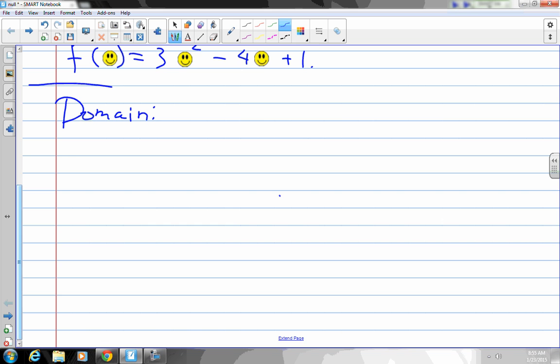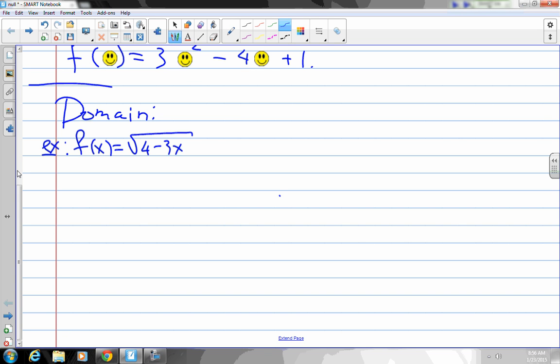If I ask you to find the domain of the function, for example, f of x equals square root of 4 minus 3x, basically I'm asking you to find the set of all real numbers for which the values of the function are real. So that means no division by 0, because if you divide by 0, you technically get an infinite value, which is not a real number, or you get a square root of a negative, which is not a real number.